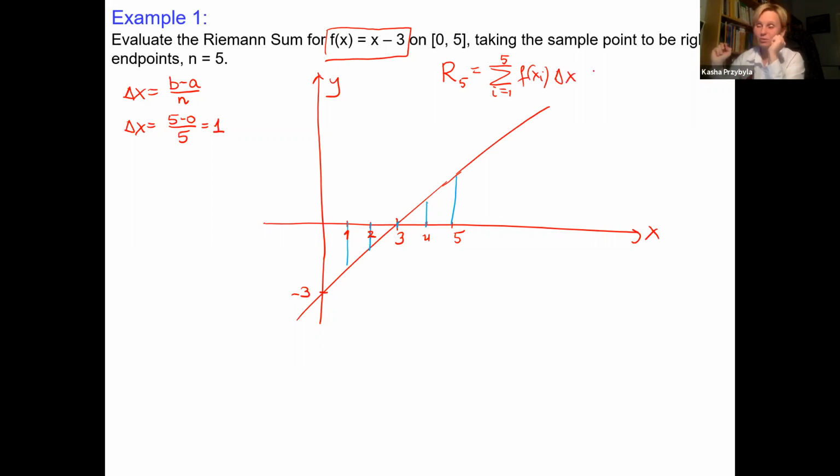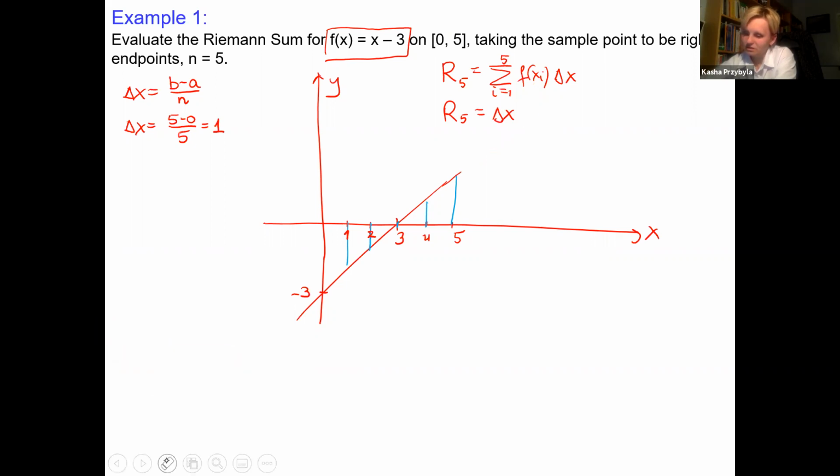But simply, we can even skip the sigma notation. I have to add the areas of 5 rectangles. Let me expand this. We will compute, that means I have to take the delta x.